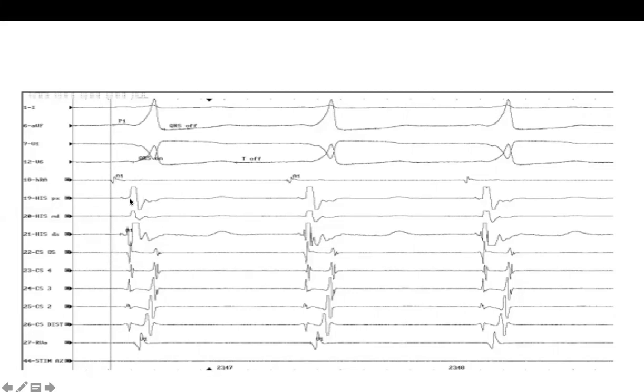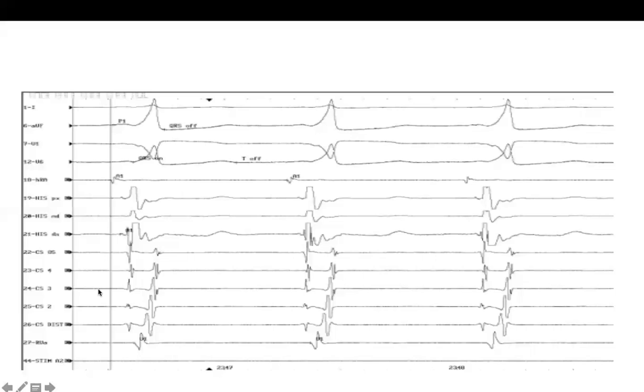But I expected somebody to argue regarding this recording: the V in the His area. The V in the His area looks early, but in the presence of early activation of the left side before the right side, that one will not be counted here.